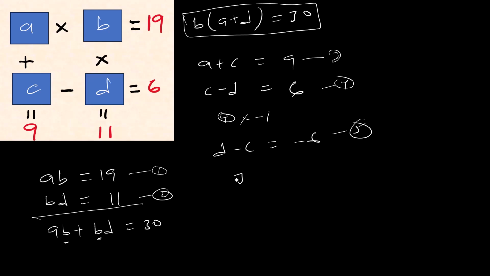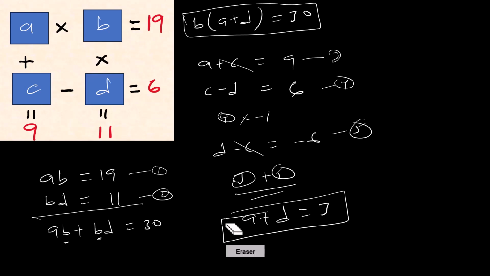So equation 3 plus 5. So we have A plus D, then plus C, will cancel this. 9 plus -6 is 3.